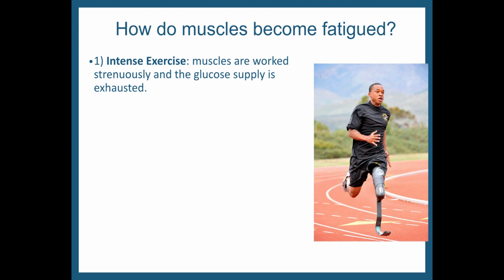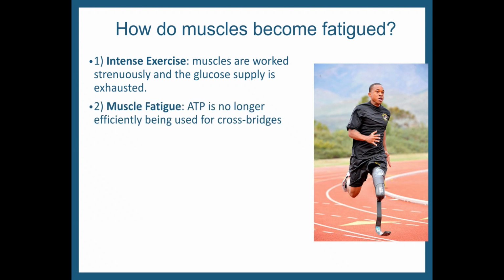So say you've just eaten a meal, you have a lot of glucose in your blood. Well, once you start working out, you're using up those glucose molecules to make ATP, and the amount of glucose that you have available gets depleted. You're starting to run out.